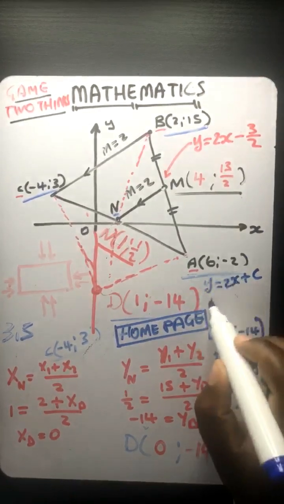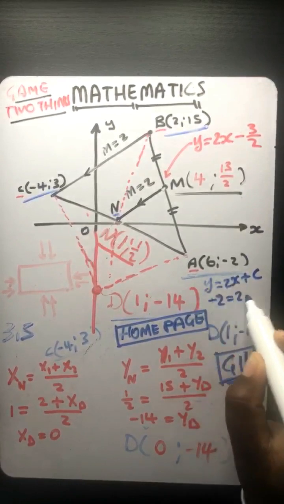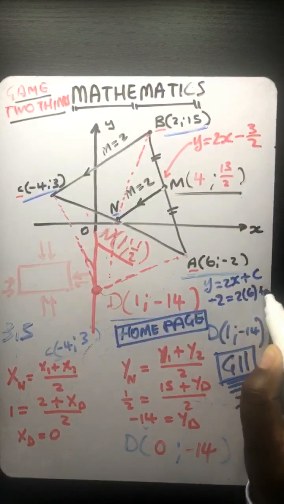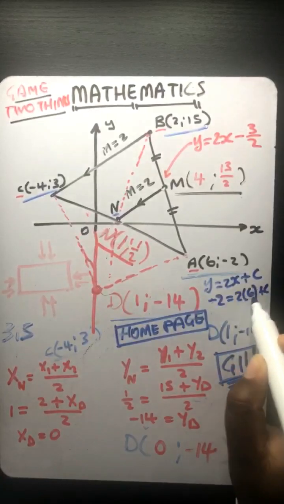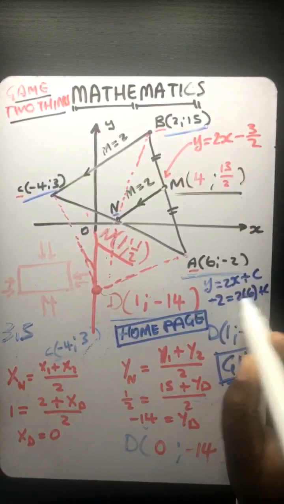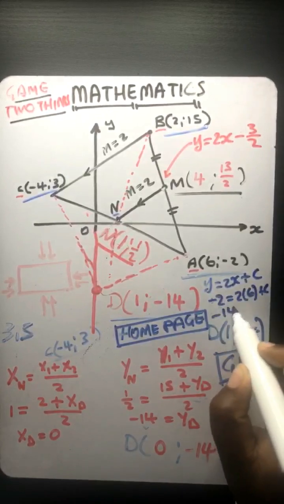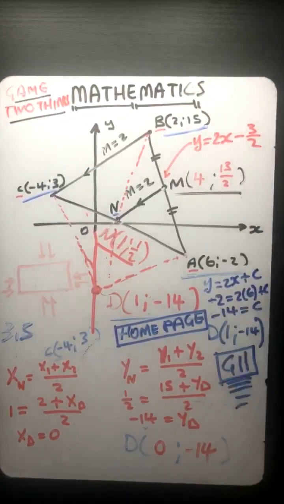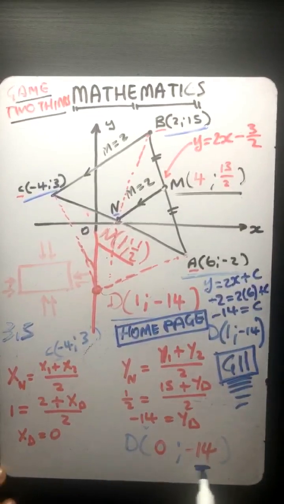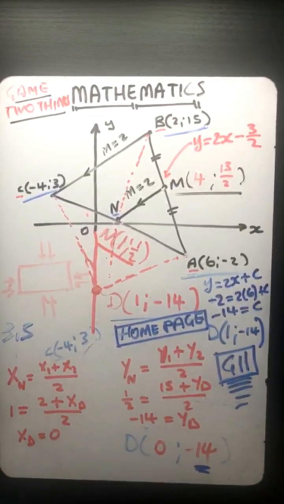Then let's say negative 2 equals 2 times 6 there plus c. Then this is 12. You take it to the other side, it gives you negative 14. Yes, you are correct. You get your c as negative 14. Let's continue from there.